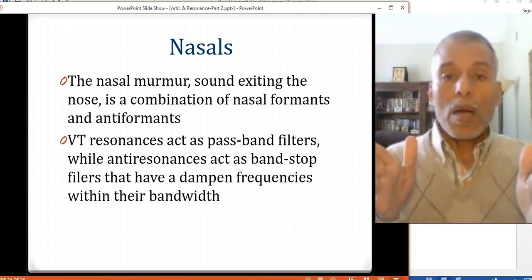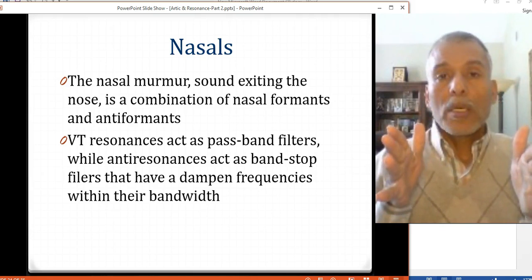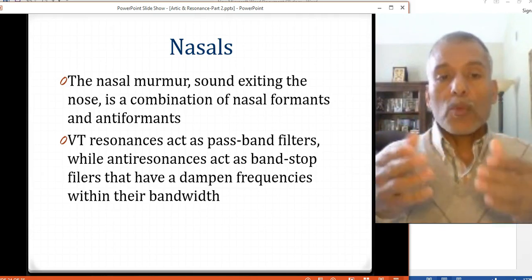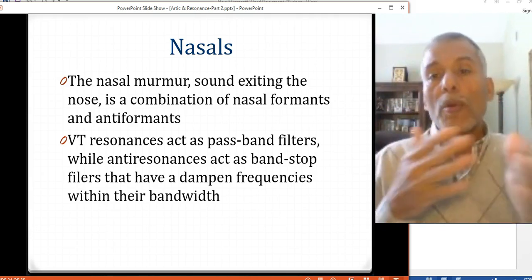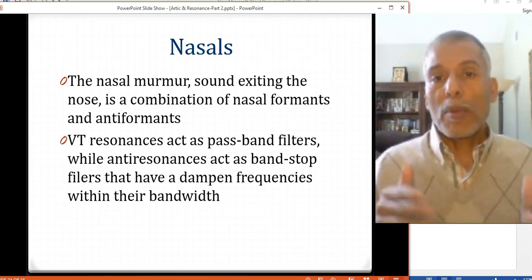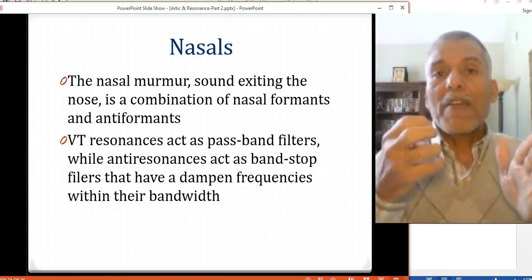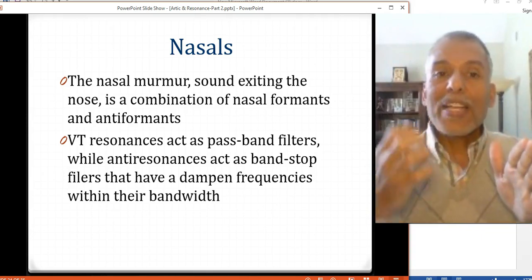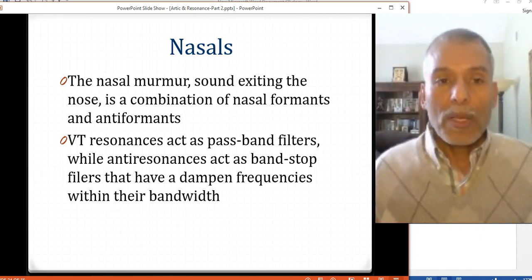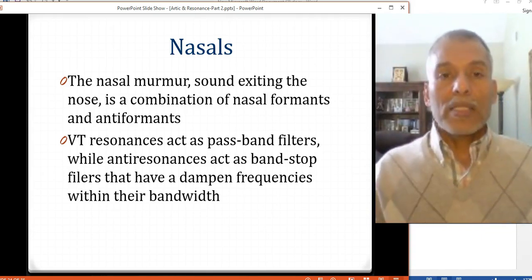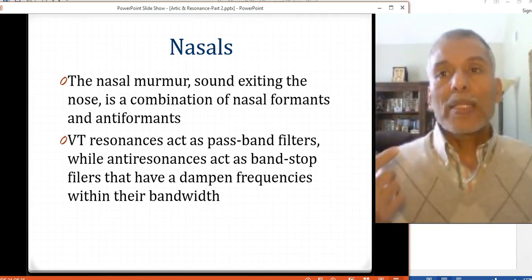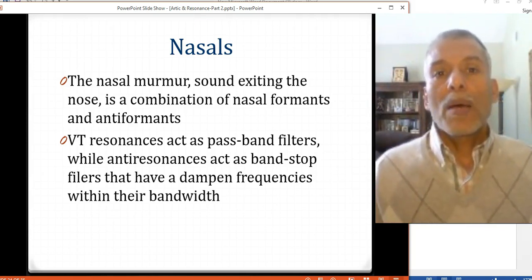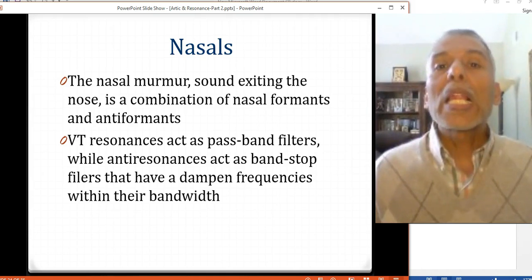Antiformants are bands of energy that actually oppose the formants. They resist the formants. In other words, they are factors that decrease the energy in the sound wave. And that characterizes the nasal sounds and characterizes the liquids.